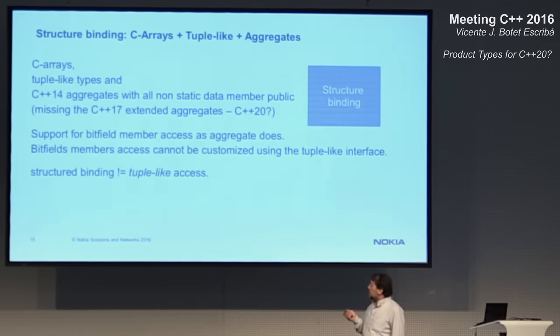In C++17, we have extended the aggregates so that we can inherit non-virtually from other aggregates. But structured binding doesn't take care of this extension yet. We hope to have it in C++20, but we are not sure how we want it. If we want it as an additional member element, or if we want to take the elements of the base class as elements of the derived class.